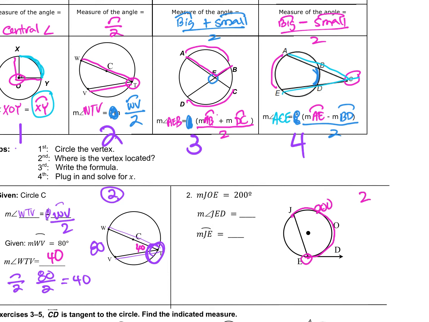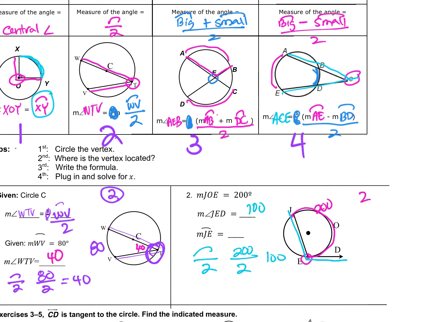So remember, angle J going to E going to D. So since it's on the circle, you're going to do the arc divided by 2. What is the arc? The arc is 200. Divided by 2 is 100. So the angle is going to be 100.